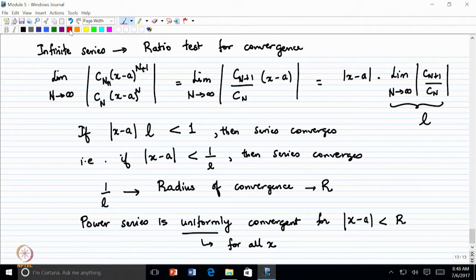So, now you have this radius of convergence of the series, and this is a very important concept in series, and this will tell you when your infinite series will actually be well defined.